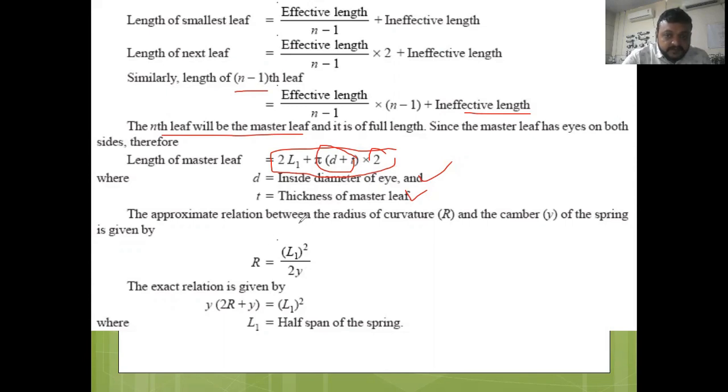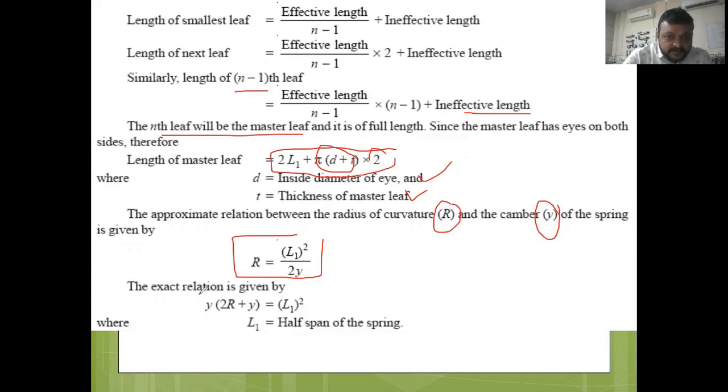Now the appropriate relation between the radius of curvature, which we normally generate in nipping, and the camber, which I also told you about in the figure, y the camber. For both there is a relation: radius of curvature r is equal to L1 square upon 2y, where L1 is the length and y is the camber.